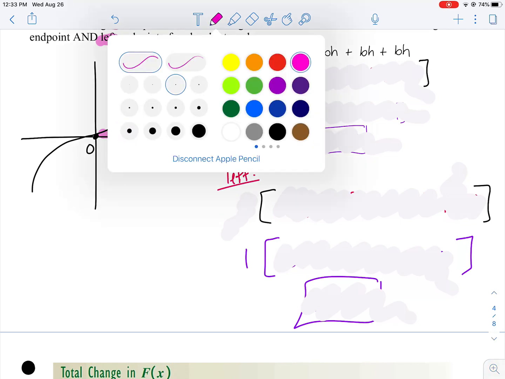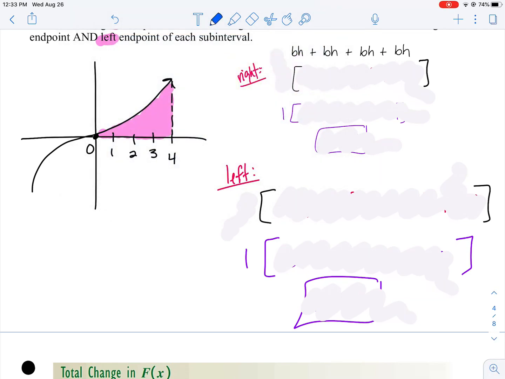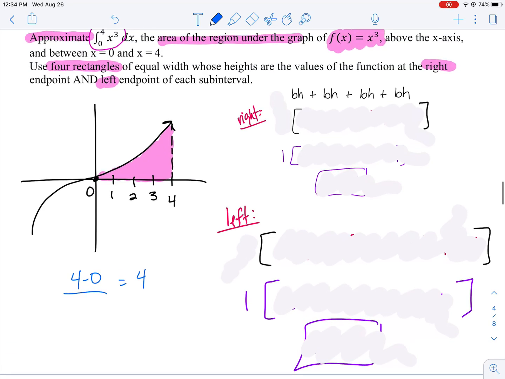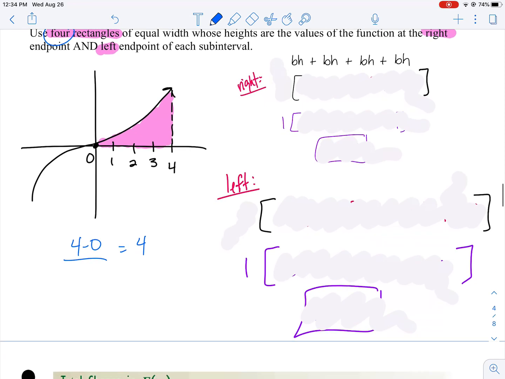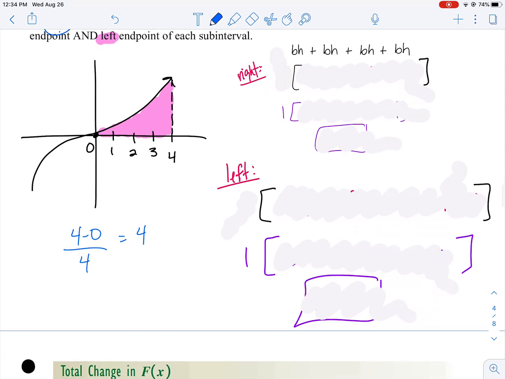If you notice on my graph, it told us that we want to go from 0 to 4. So 0 to 4 is a total of 4 units, right? That's my b minus a. And they told us in our problem that we wanted to divide it into 4 rectangles. That means n is 4. We have 4 rectangles.